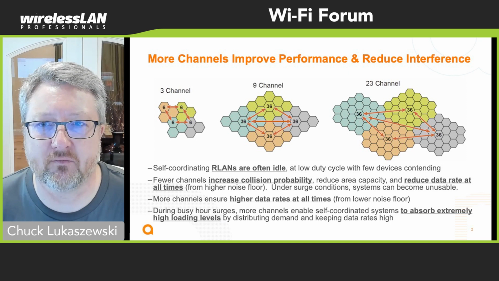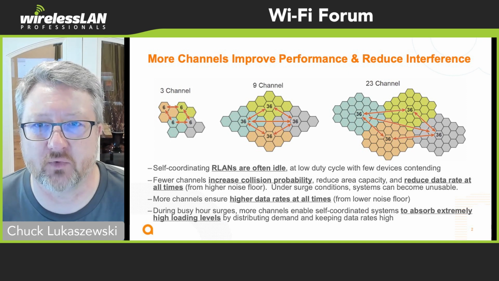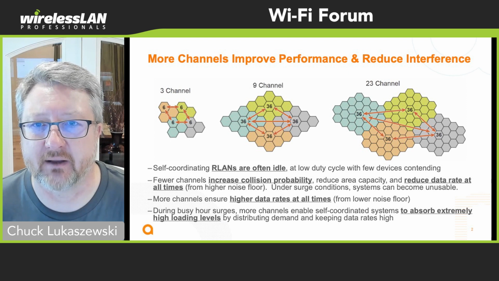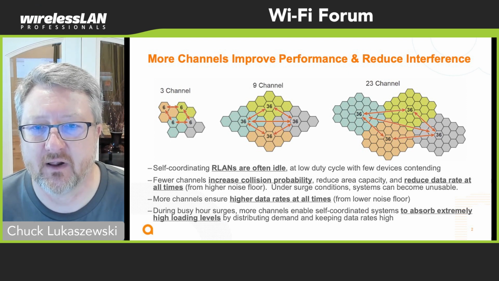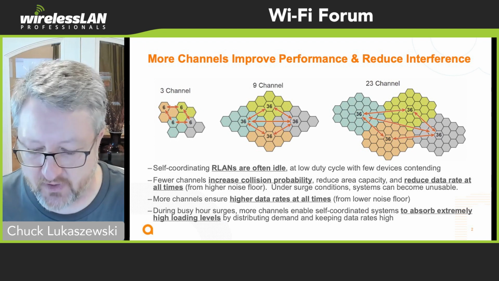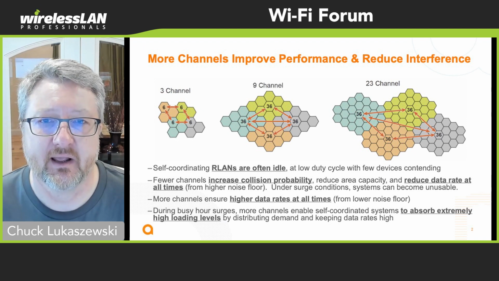When we have more channels available, we have more linear distance between cells that are co-channel with one another and that have to defer to each other, and that has a bunch of different advantages. And of course, that is why most enterprise or managed networks run narrow today.